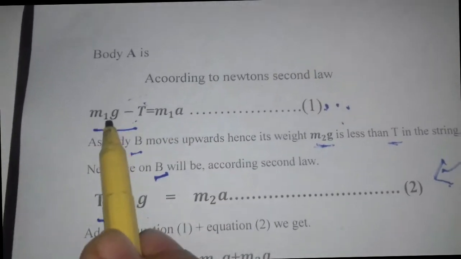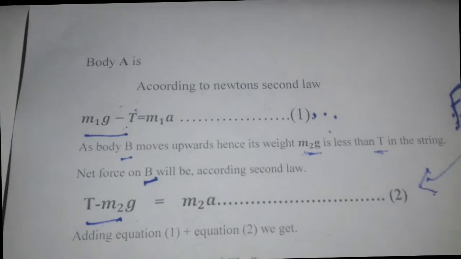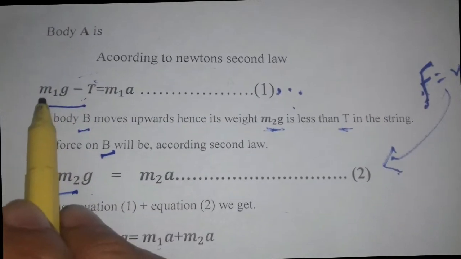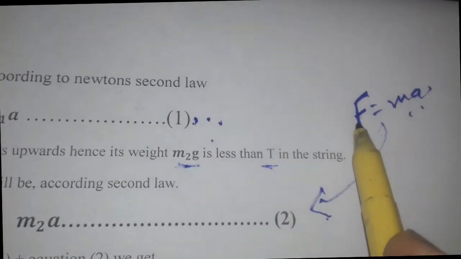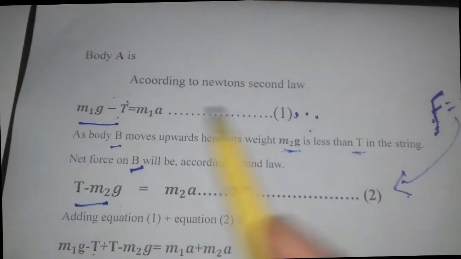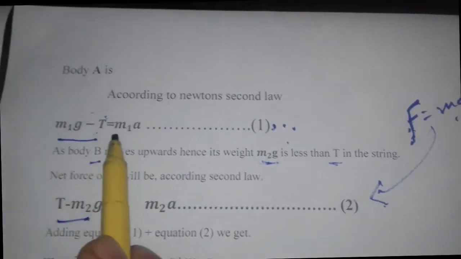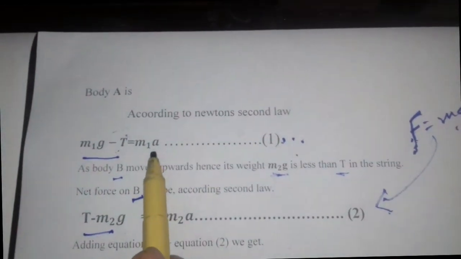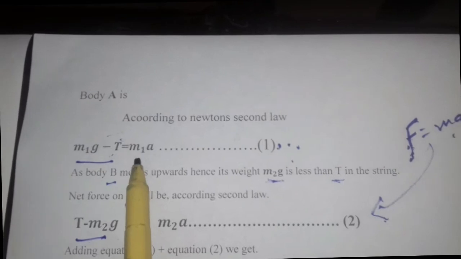Here m1g minus T is the net force; in place of F in the second law we pick m1g minus T as the resultant force, and in place of ma we write m1a because we are discussing mass m1.